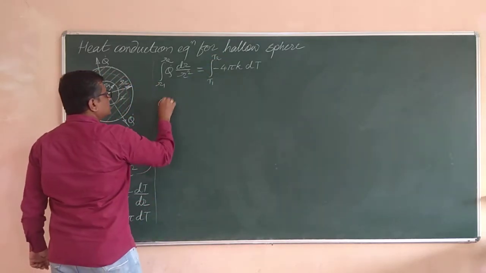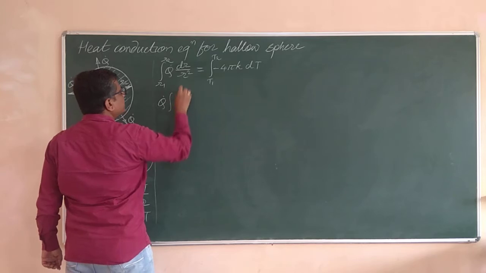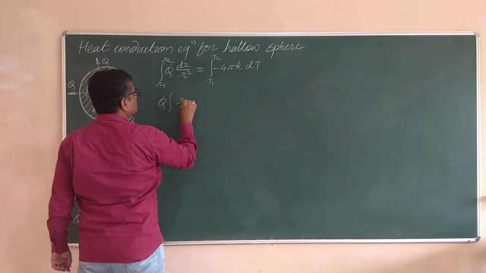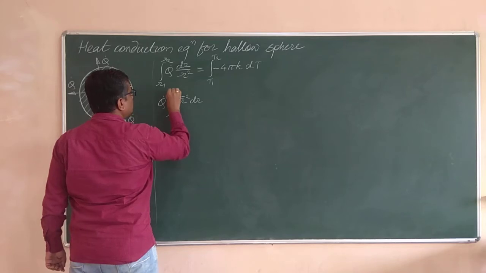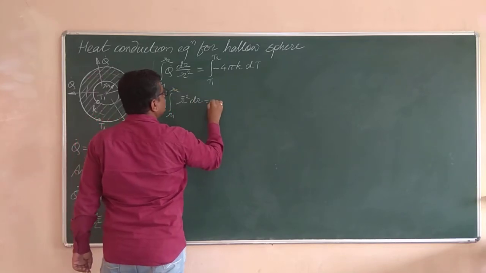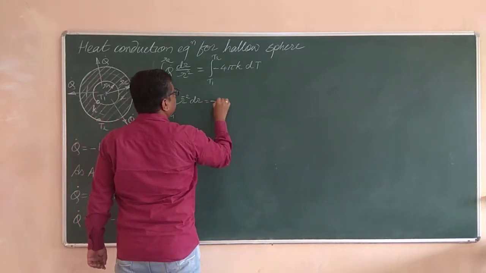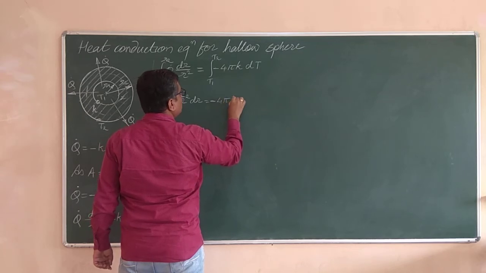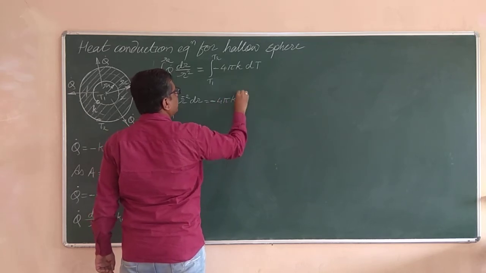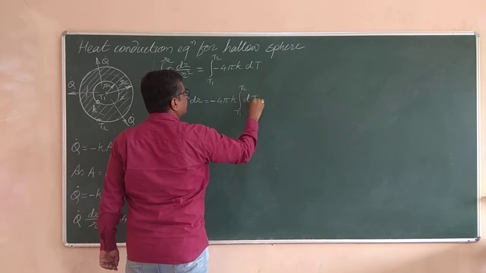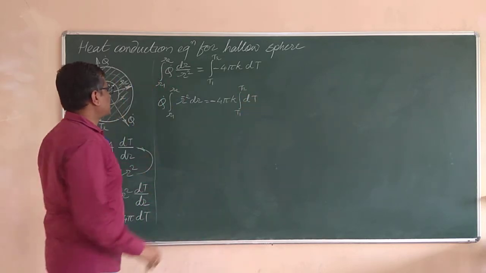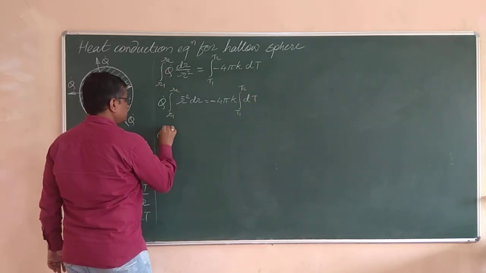So let us simplify this. This is Q dot times the integral of r to the power minus 2 into dr within the limits R1 to R2, equals minus 4 pi k as it is, a constant taken out of the integral, and this is the integral from T1 to T2 of dT. Q dot as it is.